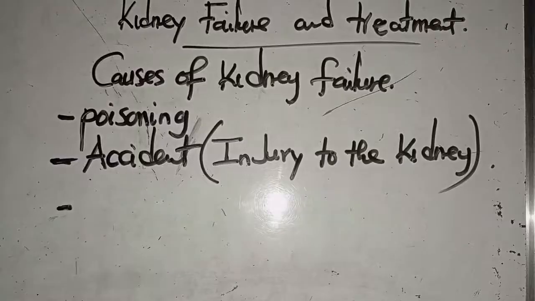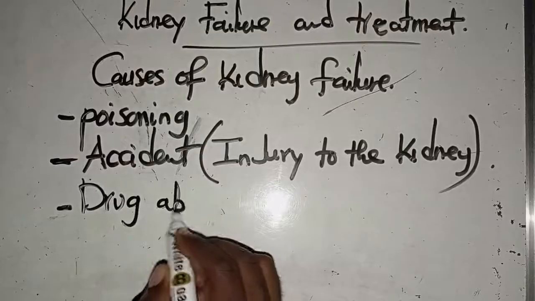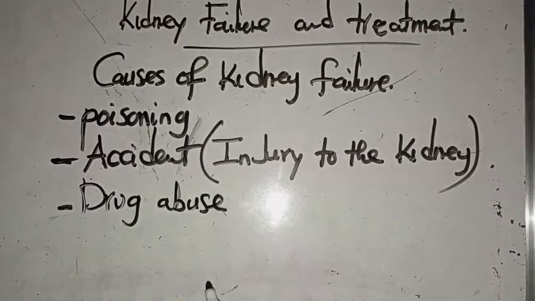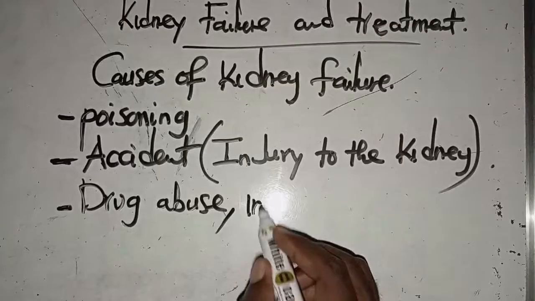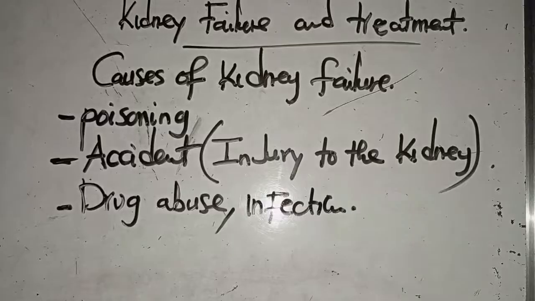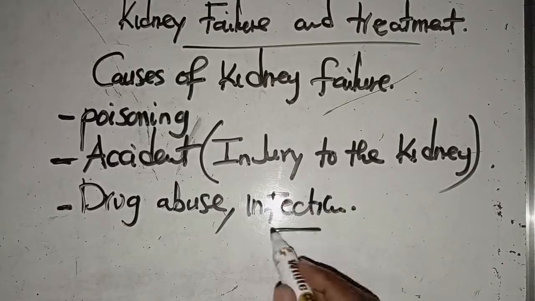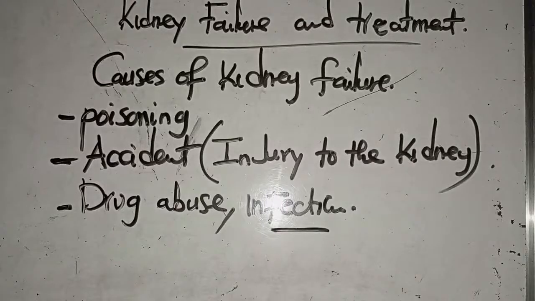You also need to understand that even some drug abuse can cause kidney failure. And we can also talk of infections. Even infections are able to cause some kidney failure. So these are certain causes of kidney failure.